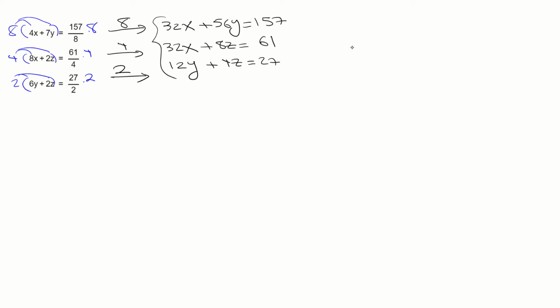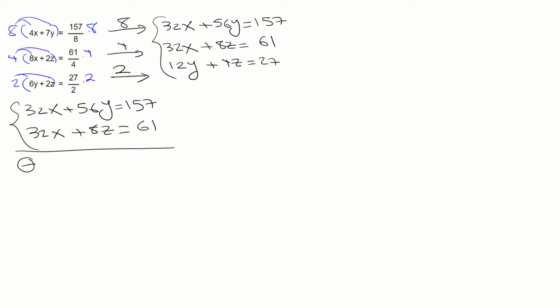I'm going to bring the first two equations over, so 32x plus 56y equals 157, 32x plus 8z, notice not y but z, is equal to 61. So now we go ahead and subtract these two equations.